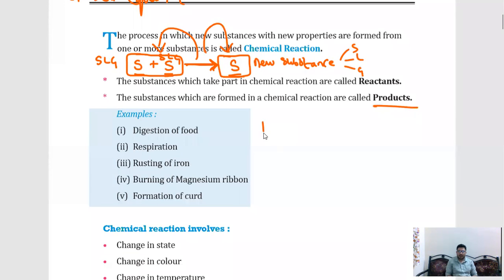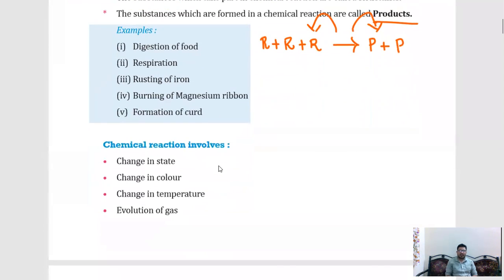From this we can say: reactant plus reactant gives rise to product. You can take a minimum of one reactant and a maximum of many. Sometimes you can get two or more products also. So before the reaction you call it a reactant, after the reaction you call it a product. That is the one thing you have to remember. Okay, first let us try to understand this, and then let us see examples.